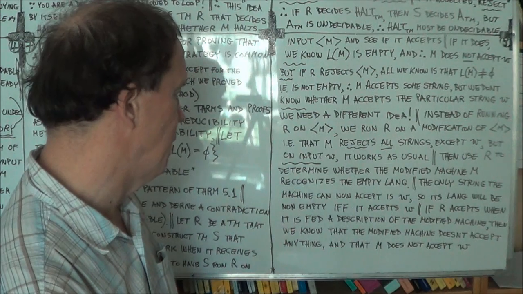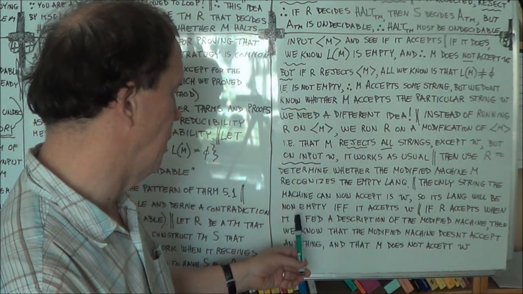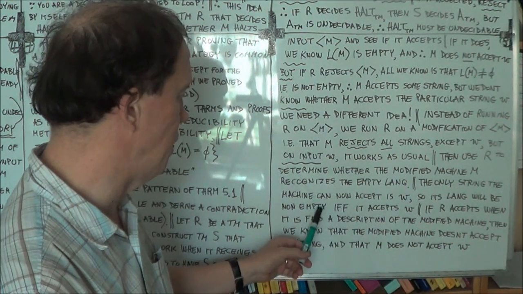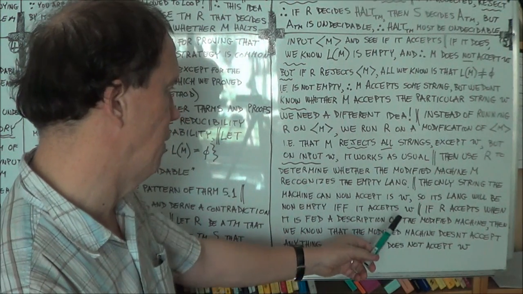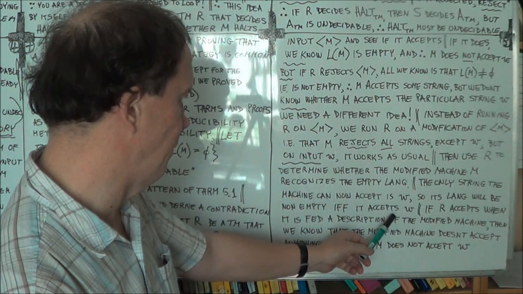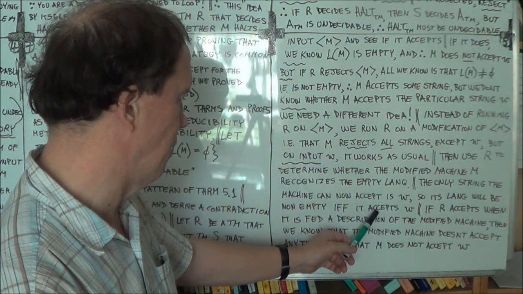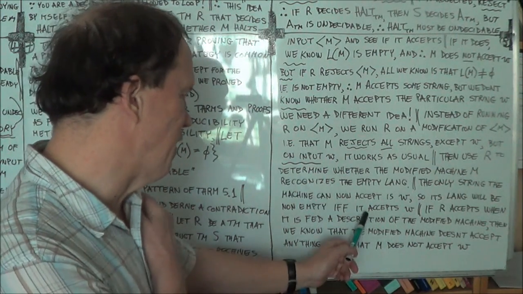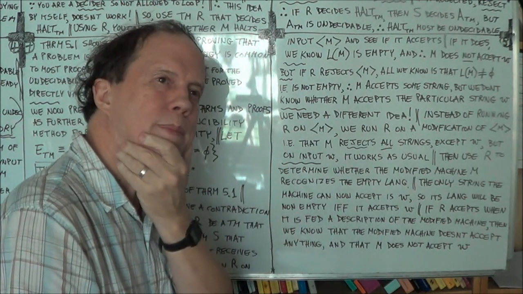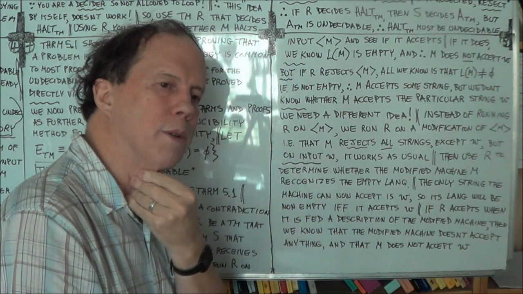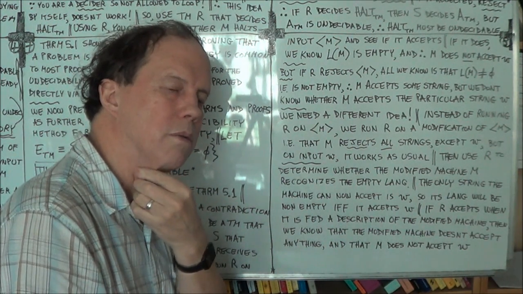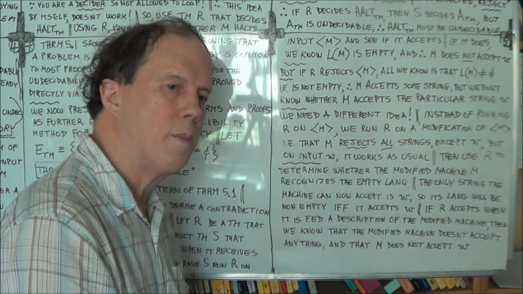So the only way R will reject, in other words the language is non-empty, is if and only if M accepts W. Just common sense. We've got this modified machine, and it rejects all strings that aren't W, so the only string that won't be rejected is W.